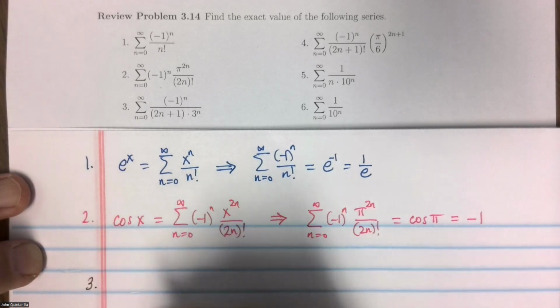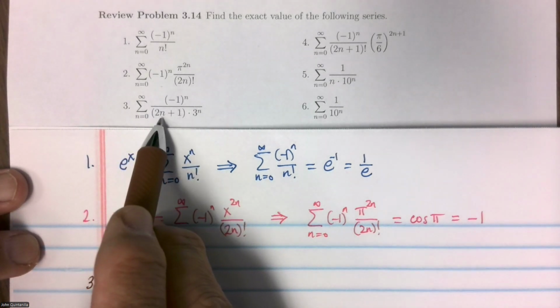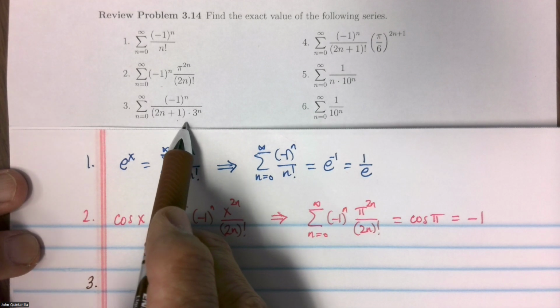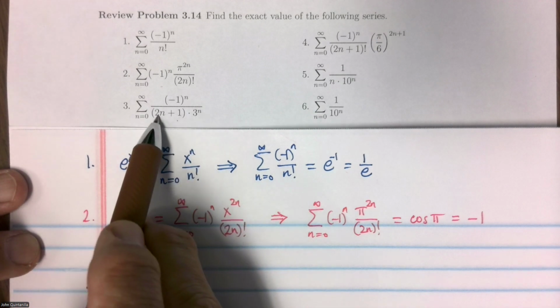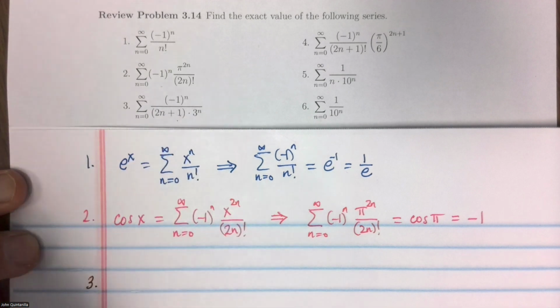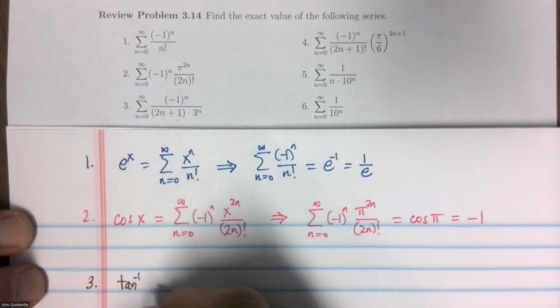Okay, number 3 requires a little bit more thought. (-1) to the n over 2n plus 1 times 3 to the n. Now, I do have a series that has a 2n plus 1 in it and a (-1) to the n in it, and that's the arctangent power series.